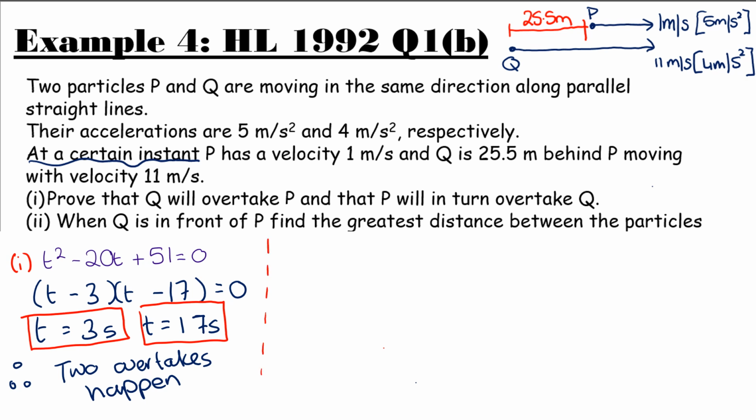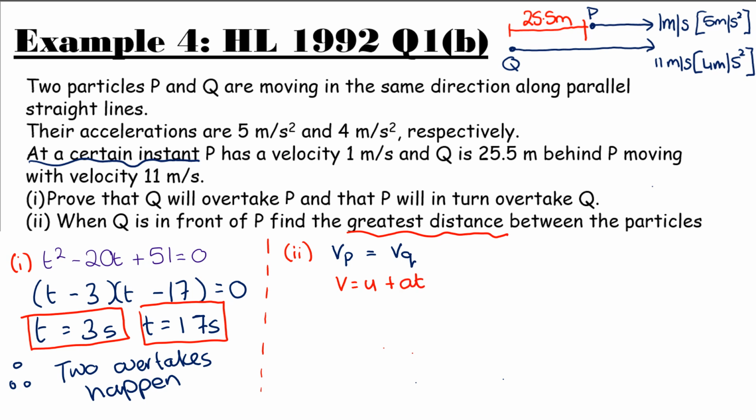So part 2 then is when Q is in front of P, and then obviously P is catching up, find the greatest distance between the particles. So that's one of our key ideas, and the greatest distance occurs when the velocities are equal. So that means where VP is equal to VQ. So velocity, we're going to use the formula V equals U plus AT.